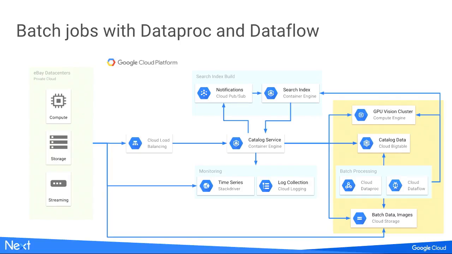Then for these listings, we retrieve all the image signatures and write them to GCS, Google Cloud Storage, partitioned by category, and then it gets distributed to a cluster that serves image searches. We use both Cloud Dataproc and Cloud Dataflow to scan big tables. There is great support for that.